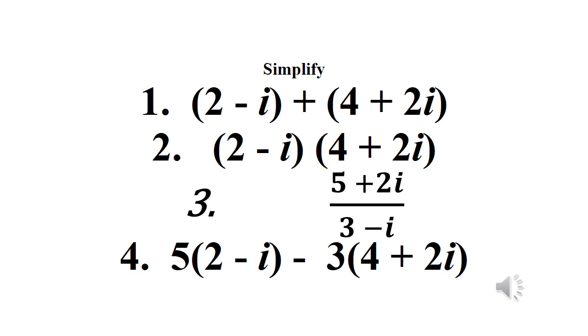The idea is an imaginary number joining with real number, so we have complex numbers. Number 2, open bracket 2 minus i close bracket multiplied by open bracket 4 plus 2i close bracket. Number 3, 5 plus 2i over 3 minus i. Number 4, 5 open bracket 2 minus i close bracket minus 3 open bracket 4 plus 2i close bracket.